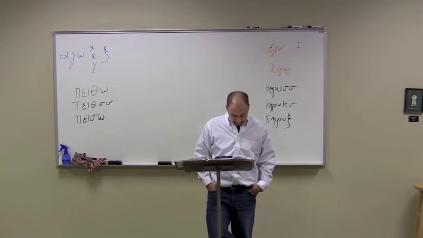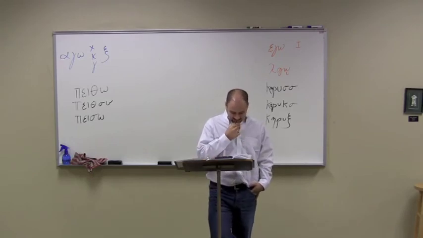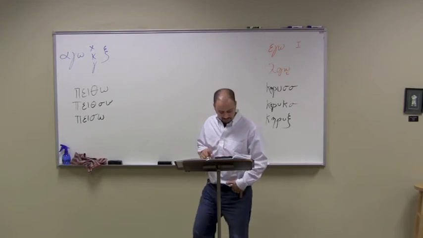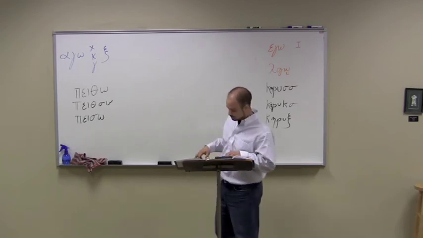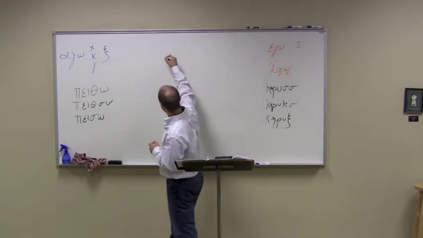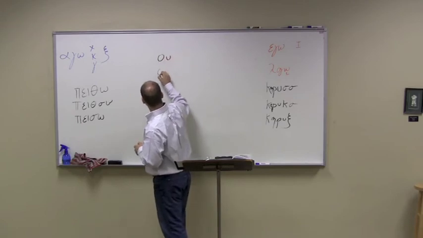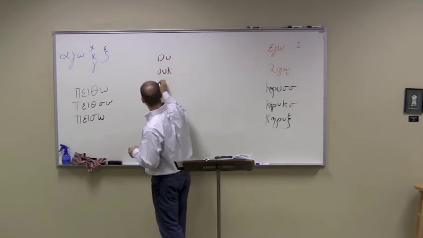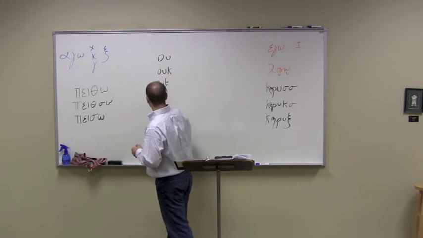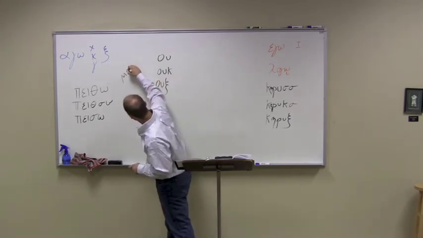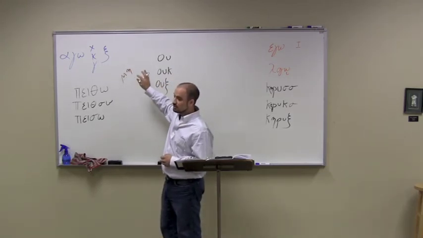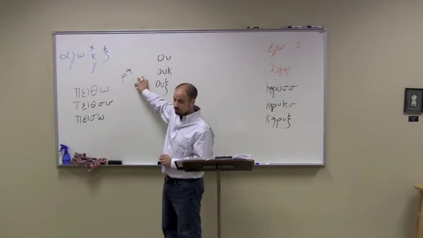You also have negatives. And I feel as if I should probably make a quick comment on this. You have oo, ook, ooks, and he also talks about may. May is just to negate things outside of the indicative mood, so don't worry about it.